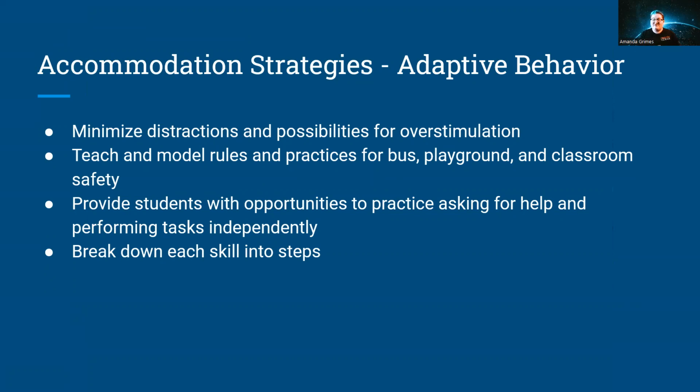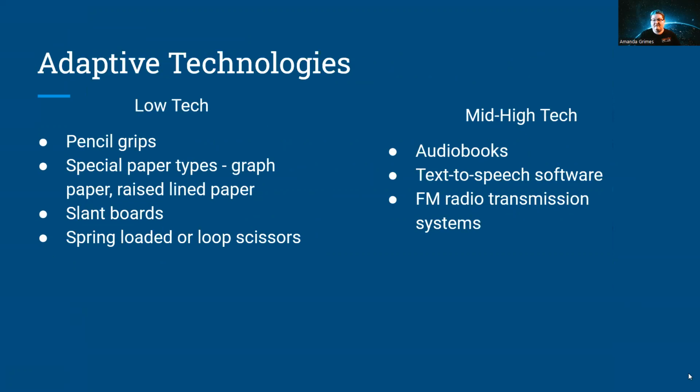Providing students with opportunities to practice asking for help and performing tasks independently does wonders for aiding children's development in this category. And again, breaking each skill down into steps and easy, small, bite-sized chunks that students can grasp.